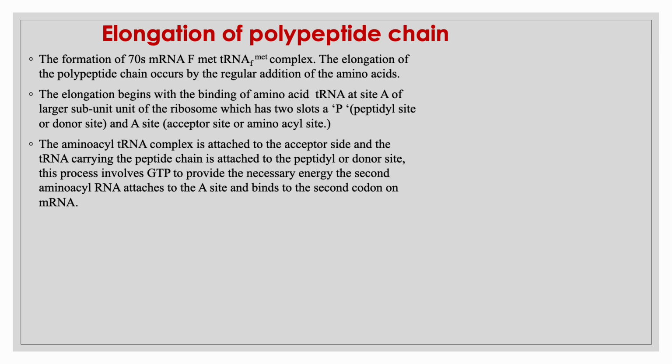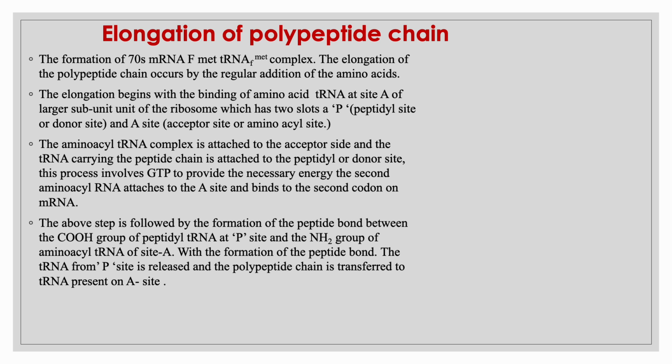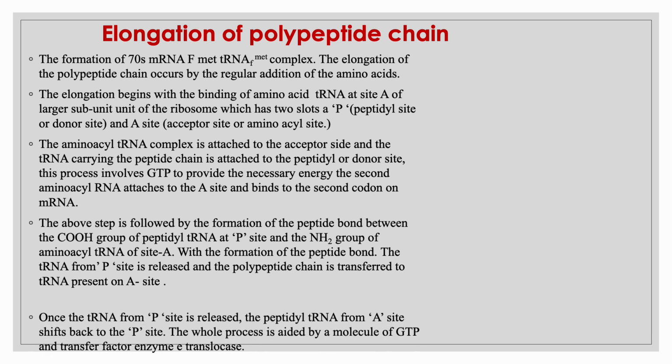This process involves GTP to provide necessary energy and the second amino acyl tRNA attaches to the A site and binds to the second codon on mRNA. The above step is followed by the formation of a peptide bond between the carboxyl group of the peptidyl tRNA at the P site and the amine group of the amino acyl tRNA of site A. With the formation of the peptide bond, the tRNA from the P site is released and the polypeptide chain is transferred to the tRNA present on the A site.